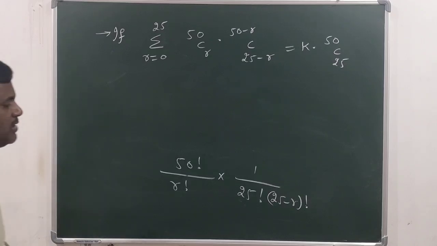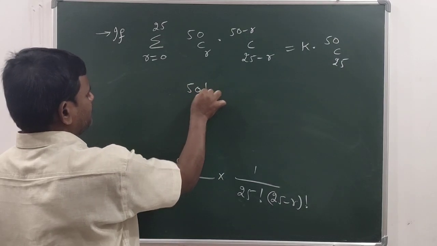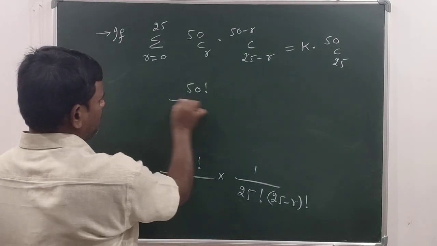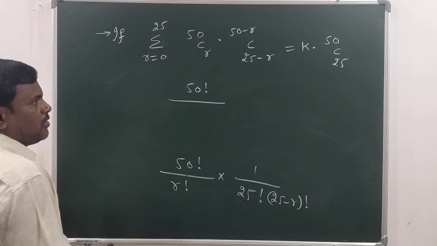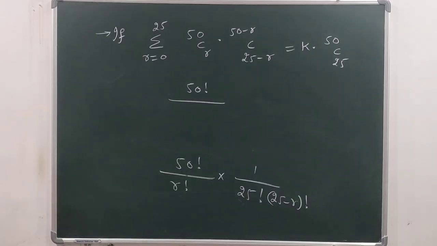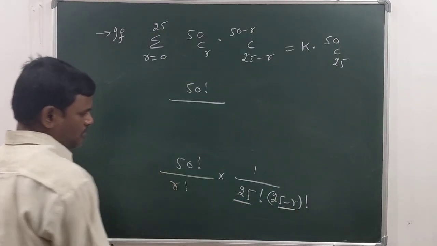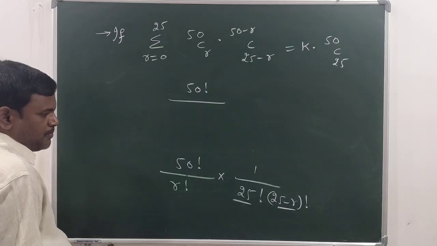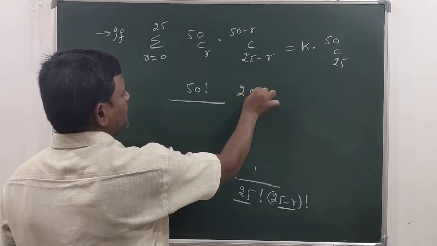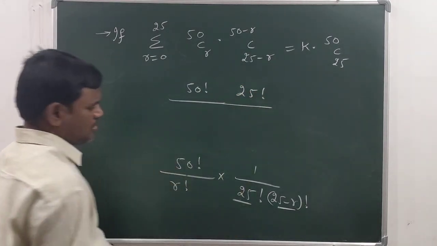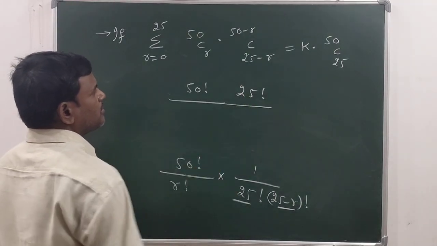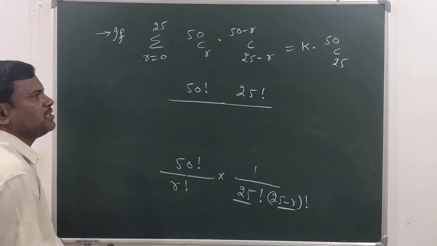Now how do we simplify? Tell me, students. See, 50 factorial by 25 factorial by NCR, n value there, 50C25 is given on the RHS.